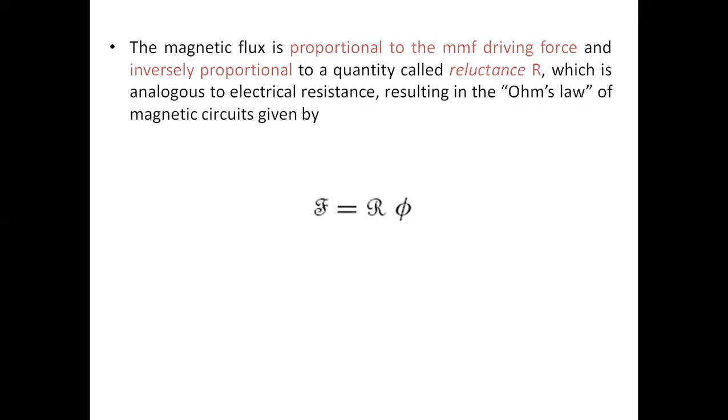That is, MMF is equal to reluctance into magnetic flux. Reluctance, denoted by capital R, equals rho L, that is L by mu A, where L is the length, A is the cross-sectional area, and mu is the permeability.